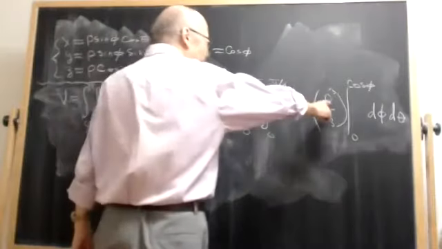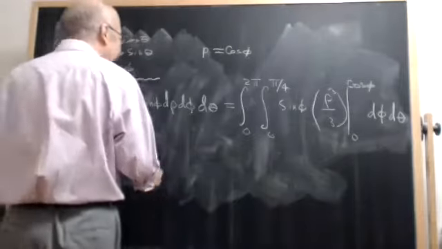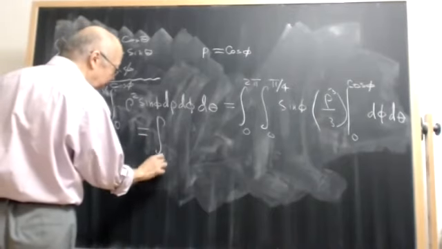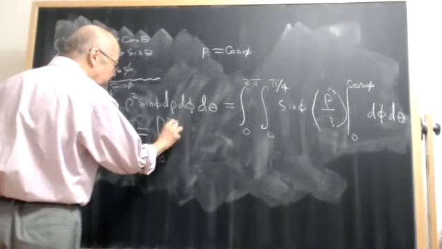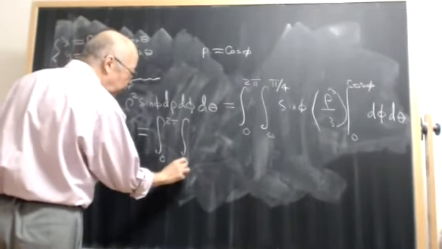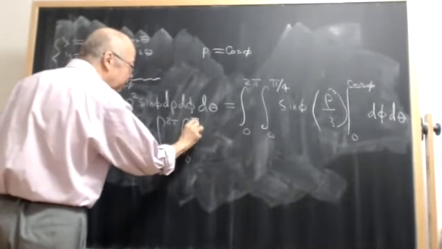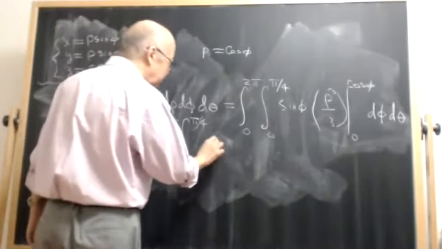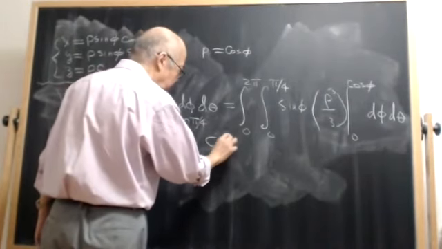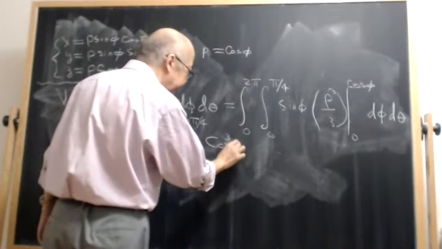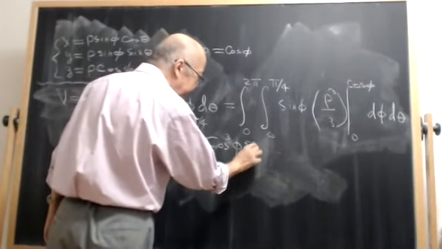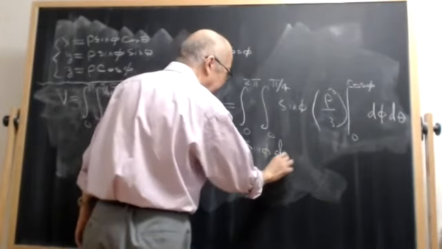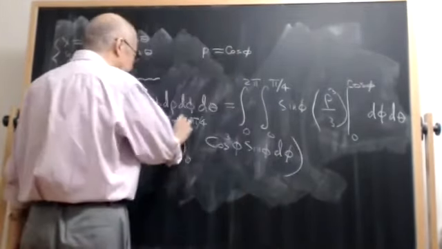Now, evaluating rho cubed at cosine phi, I am going to have the integral from 0 to 2 pi, and then the integral from 0 to pi by 4, and then I have cosine cubed phi sine phi d phi d theta.